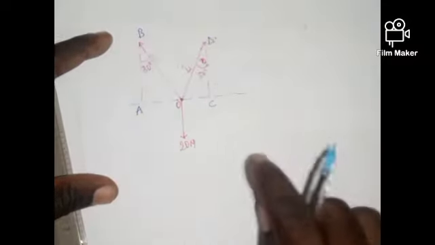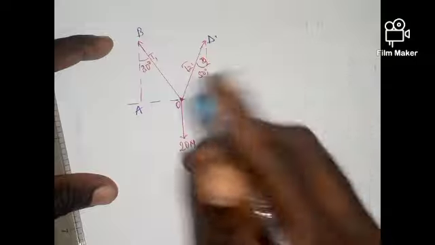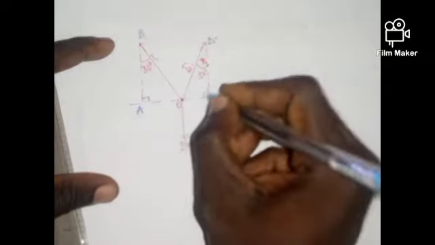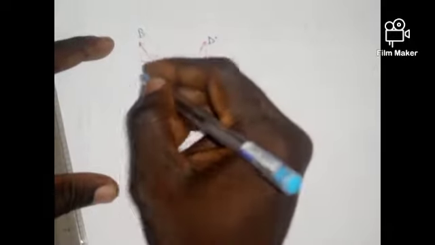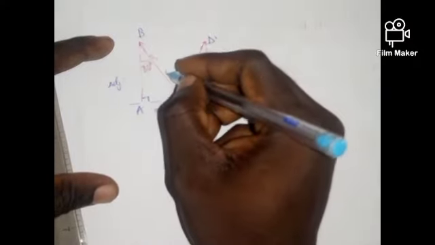We have two triangles. Now by applying SOHCAHTOA, I'm going to have this trigonometry ratio, because this is a right angle and this is a right angle. So for this triangle AOB, this is going to be the opposite and this is going to be the adjacent, while this is going to be the hypotenuse.